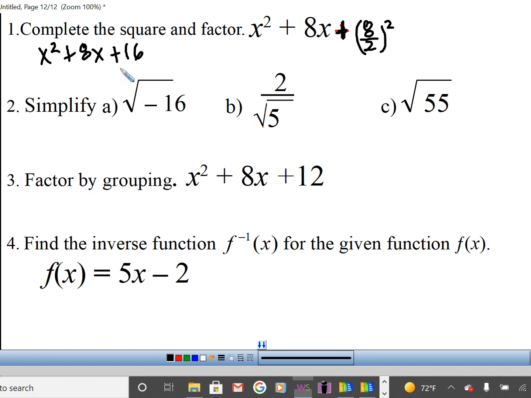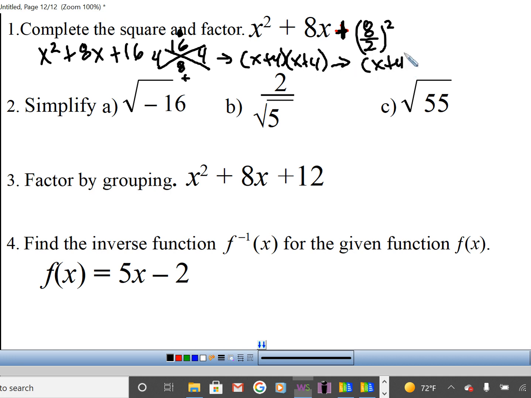This is completing the square. Can I factor? Yes. Factors of 16 that add up to 8: 4 and 4. Therefore, x plus 4, or in other words, x plus 4 squared.